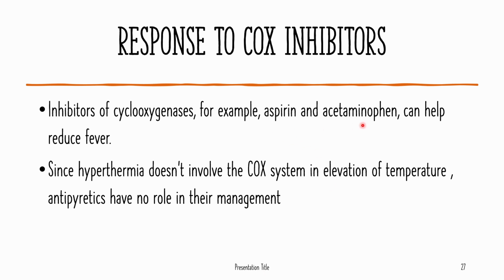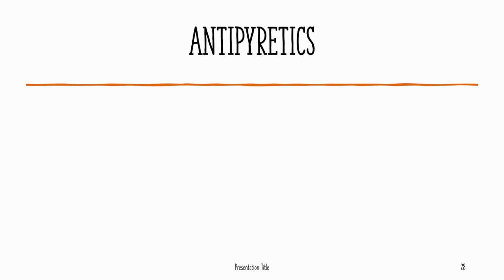Examples are aspirin and acetaminophen. In hyperthermia, the febrile response system is not involved. The elevation of temperature is because of external environmental change or something like that. Here, antipyretics will not work because it does not involve the normal febrile response mechanism. So you have to know about it.